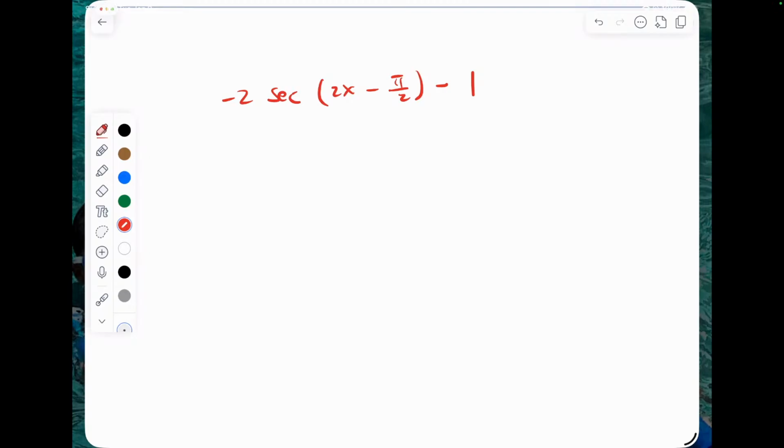I think that should be good. Okay, check with each other and check on Desmos. Make sure you're right.